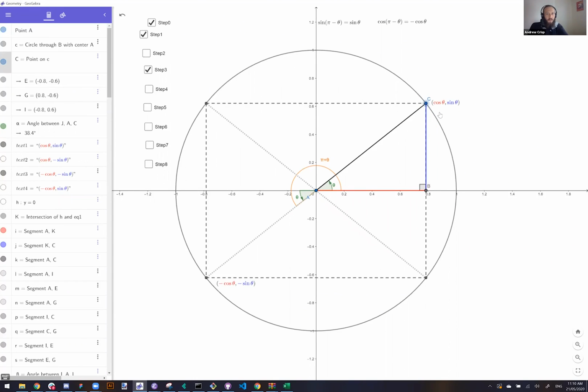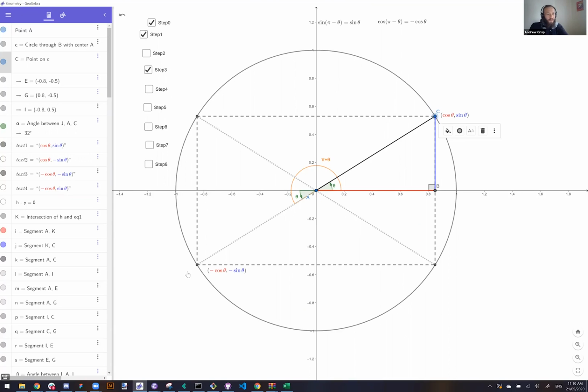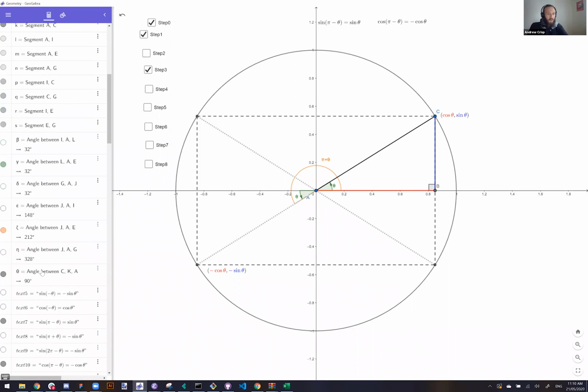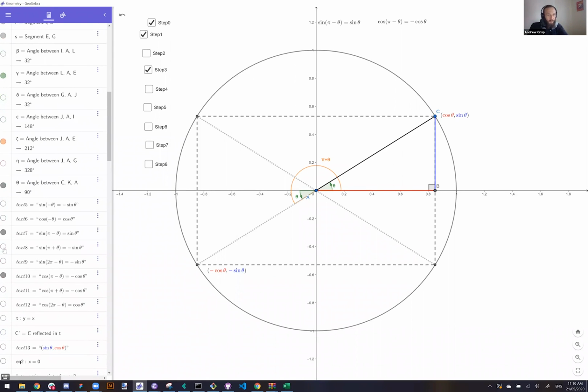It will always be the case that this point is both minus cos theta and minus sine theta. But at the same time, the x value is cos of this angle, and the y value is sine of this angle. That allows us to establish our next two trigonometric identities, and I'll turn them on now, this one and this one.